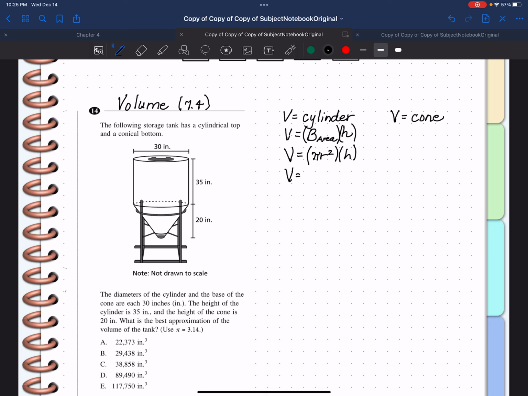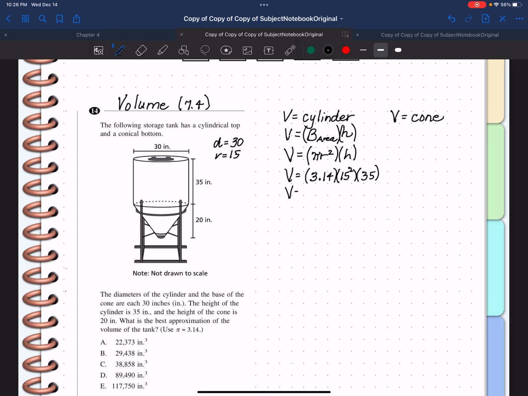So we have 3.14. The radius here, if the diameter is 30, the radius is 15. And we want to use the radius squared. And I've picked up a line here of some kind. So let's get that out of there. And then the height of just the cylinder is 35.